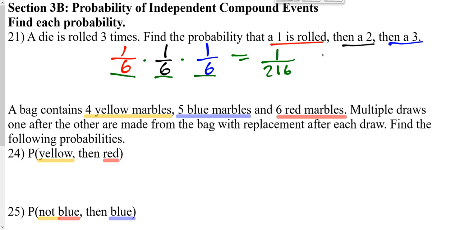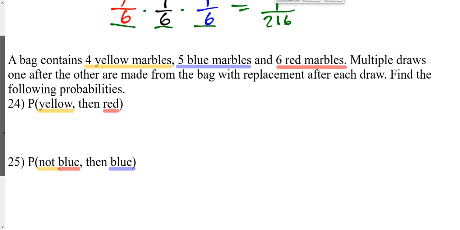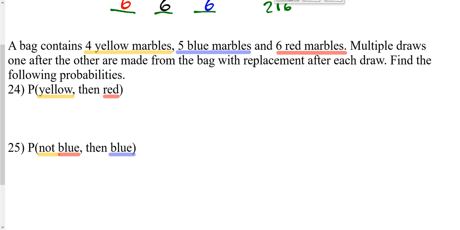So down below here, we have a bag with some marbles, 4 yellow, 5 blue, and 6 red. And we're pulling a marble out, and because it says with replacement, we're recording that marble's color, and then we're putting it back in the bag. So when we look at this, we're trying to find a yellow followed by a red.